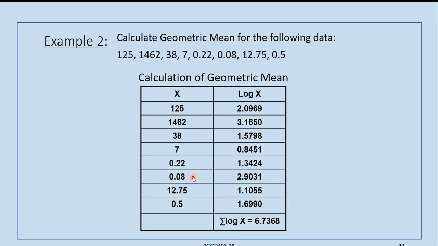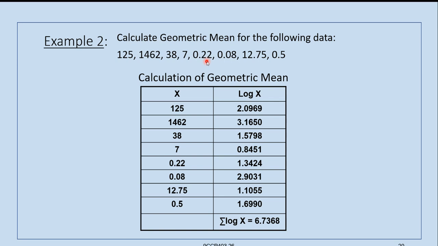We will take another example. Hope you have understood this. The logarithm of this 0.22 is negative. The value will be shown in the negative. Please remember, the value is shown in the negative.